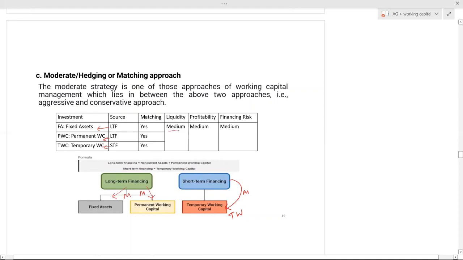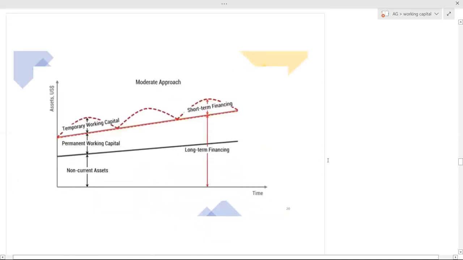And the liquidity will be medium, and medium. And we can show it through this graph. As you can see, non-current assets through the long-term funds, the permanent working capital through the long-term funds, and short-term funds for the temporary working capital. So these are the three approaches that we should remember.